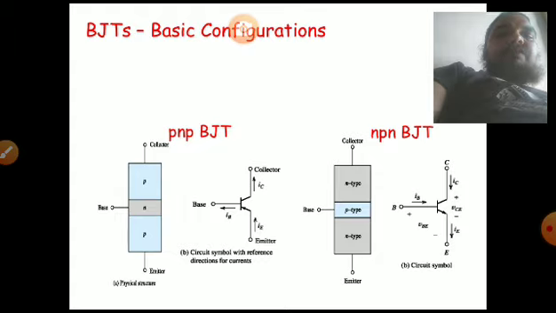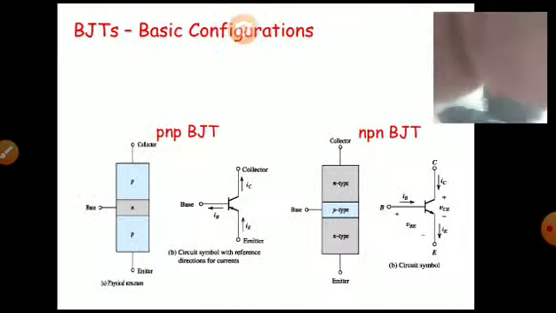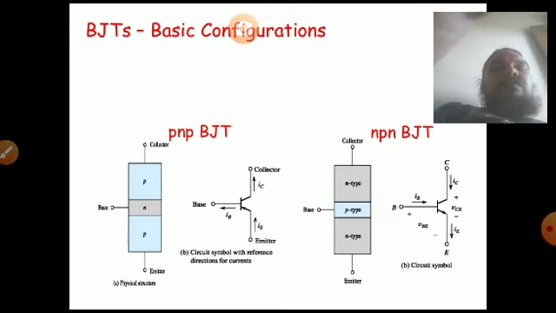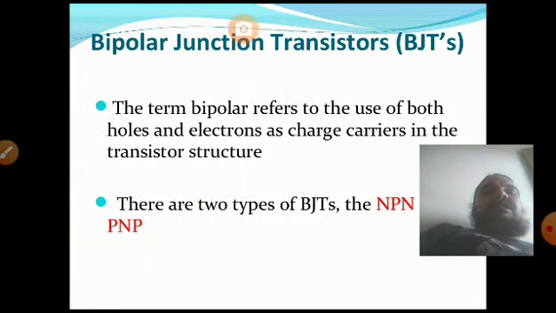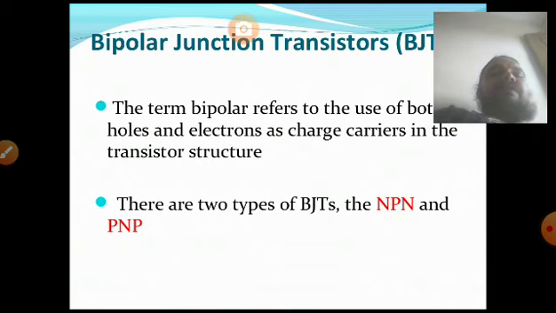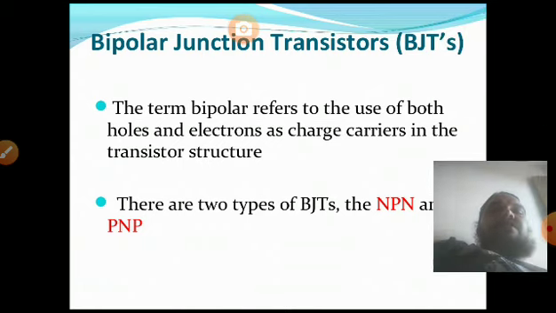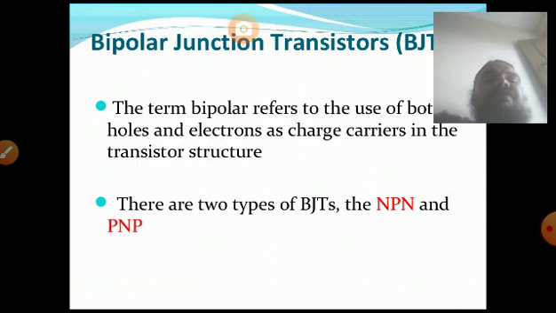In bipolar junction transistors, the term bipolar refers to the use of both holes and electrons as charge carriers in the transistor structure.